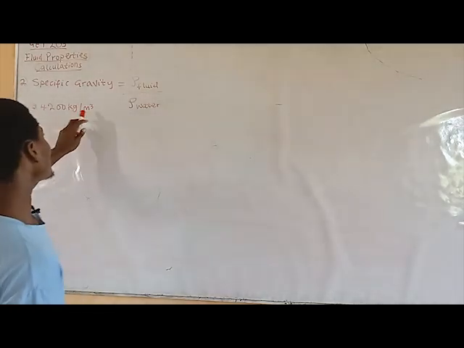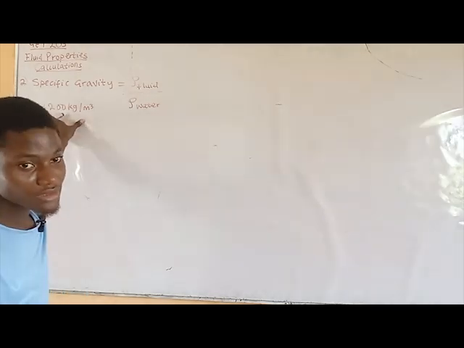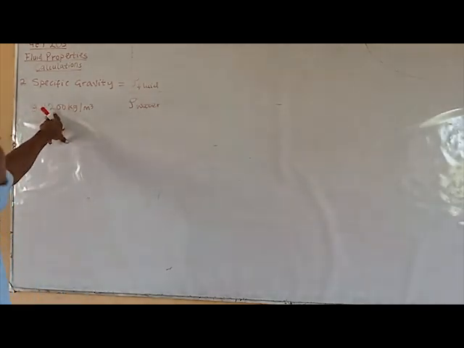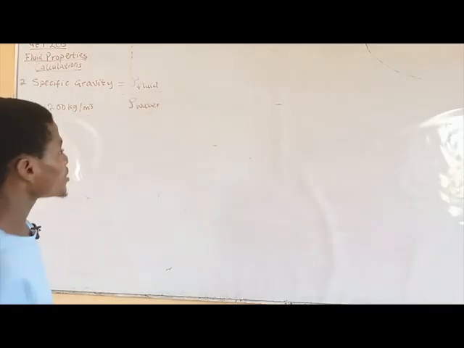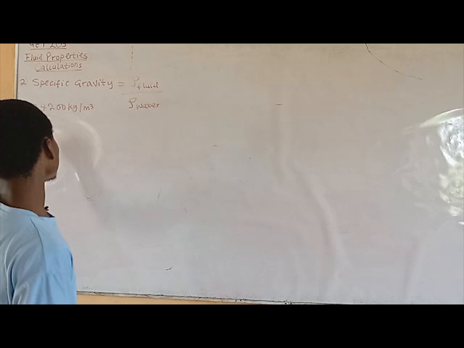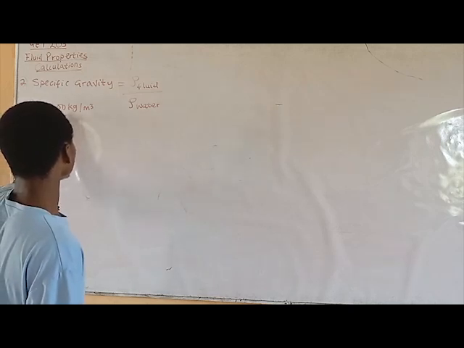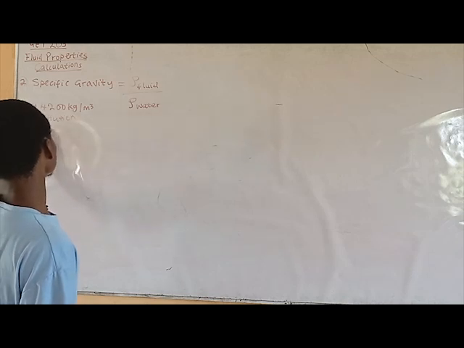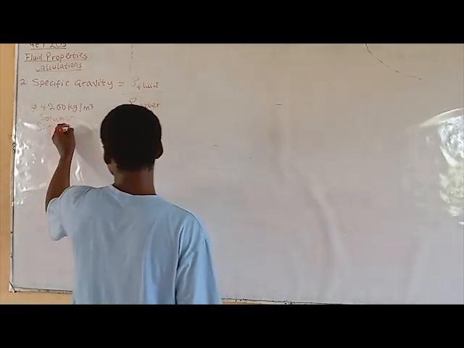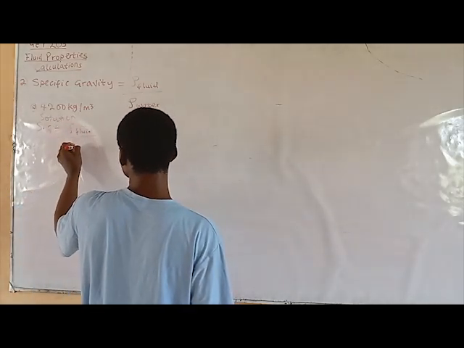So if they ask you what is the specific gravity of a fluid whose density is 4,200 kilogram per meter cube, after your solution, the next thing is that specific gravity, that's SG, equals density of fluid divided by density of water.